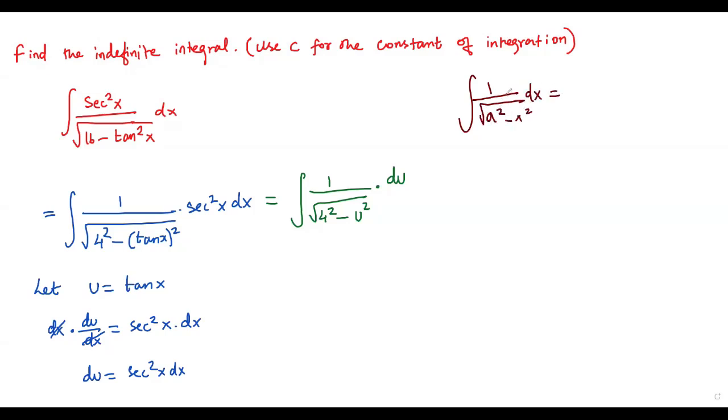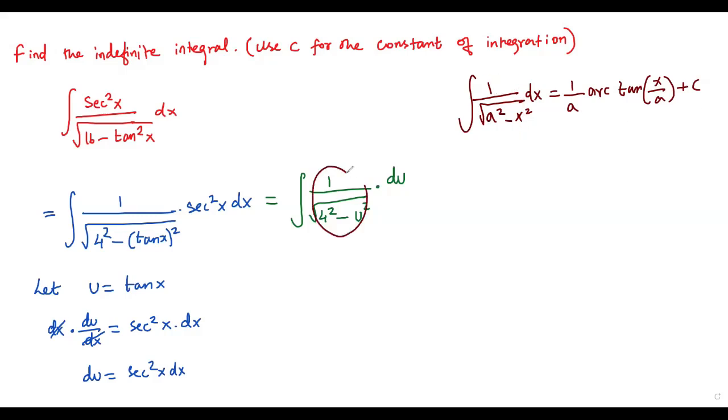Whenever we have a function in this form, where a is a constant and x is a variable, the formula to get the integration is 1 over a times arc tangent x over a positive c.